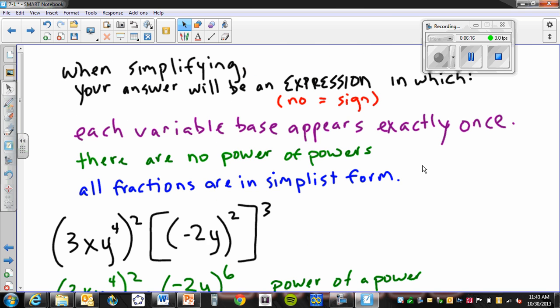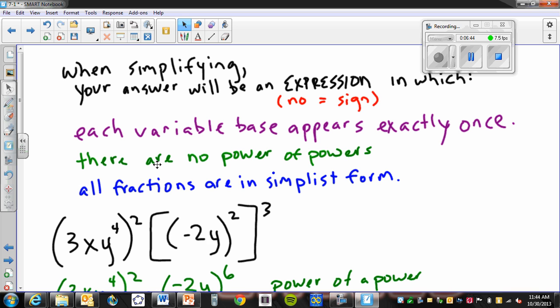Okay, a couple things when you're simplifying. Your answer will be an expression. There is no equal sign. So if you're simplifying and you have something equals something, it's probably going to be wrong. We have an expression in which each variable base appears exactly once, so you can't have something like x cubed times x to the 4th.